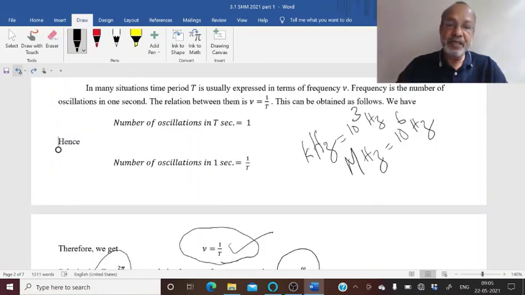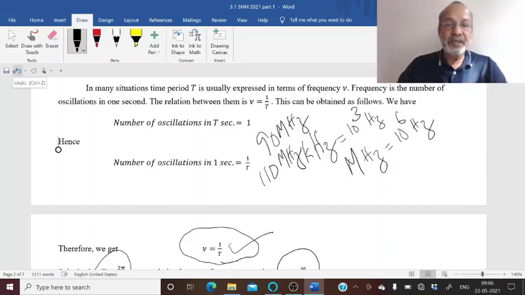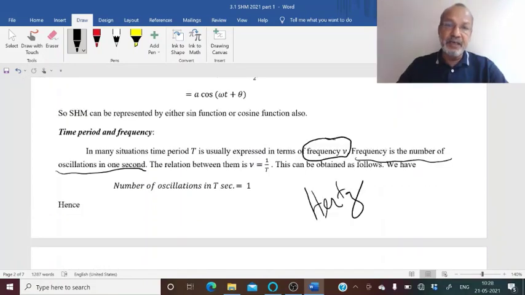Usually for FM stations, frequencies range from 90 megahertz to 110 megahertz. So this is a situation where the time period is conveniently expressed in terms of frequency, and the relation between frequency and time period is nu is equal to 1 by t.